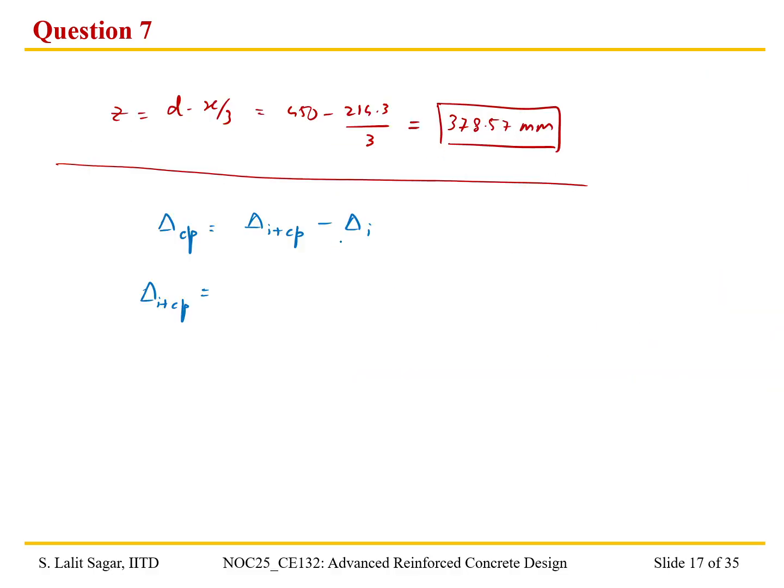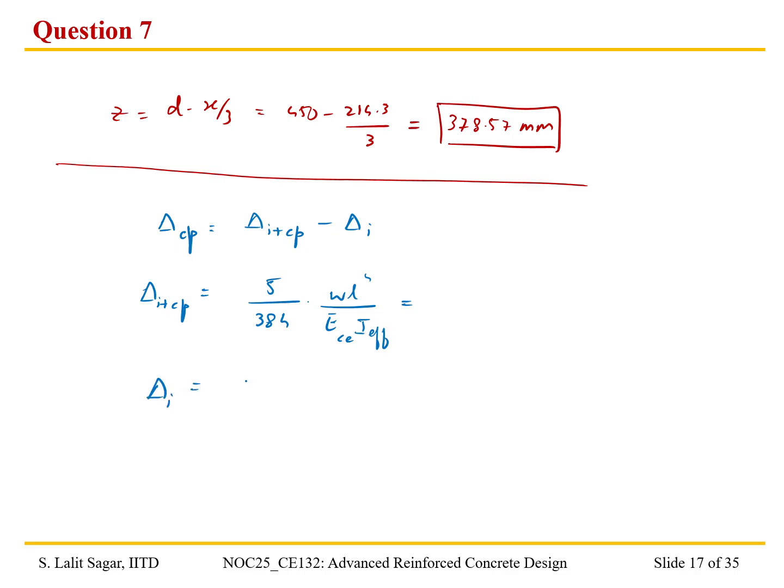So that is 5 by 384 W L to the power 4 divided by E CE into I effective. Okay, let me write down that. And here let me write down the value of delta I also.